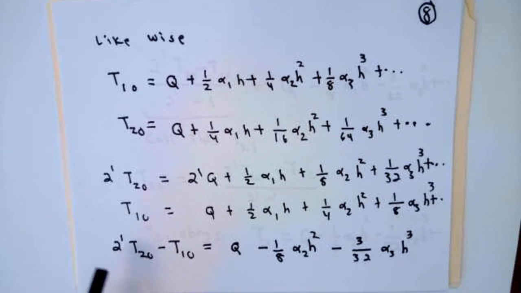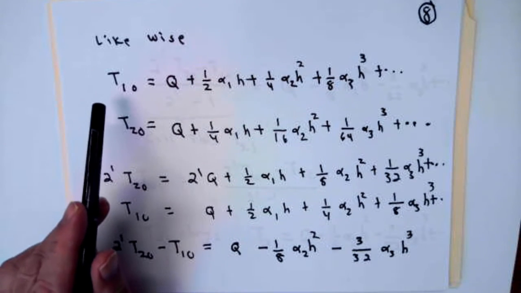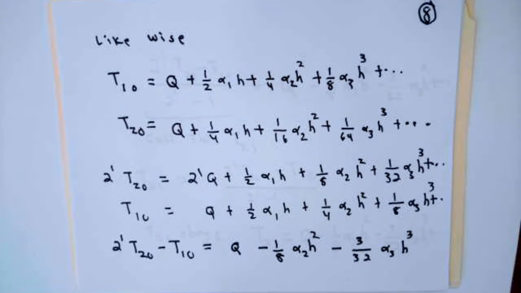Compare this with T10, which, as I said, we've previously calculated. You'll notice that the h to the first power terms match up now. So if you calculate 2 to the first power times T20 minus T10, if you do the subtraction, you end up with the true value minus 1/8 alpha 2h squared minus 3 over 32 alpha 3h cubed, and so on and so forth.